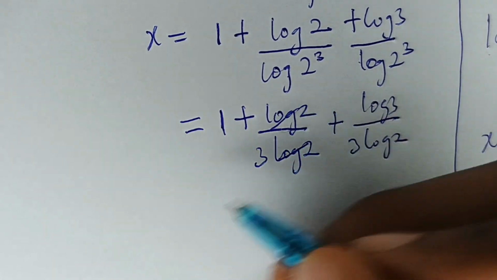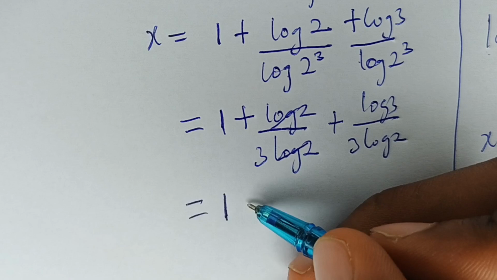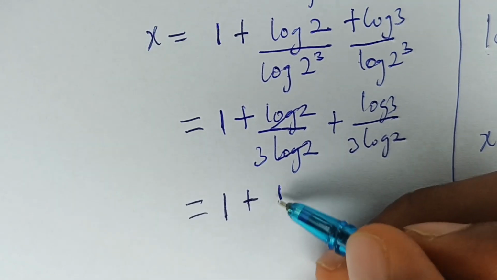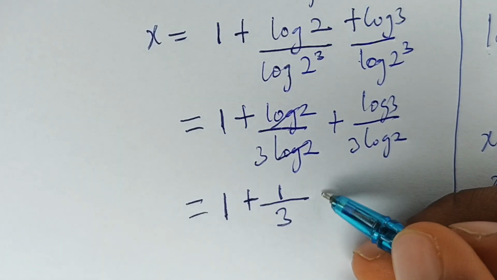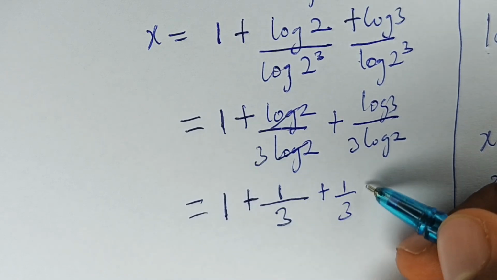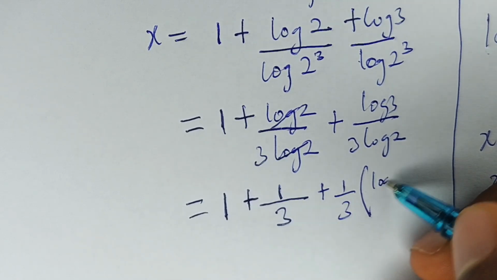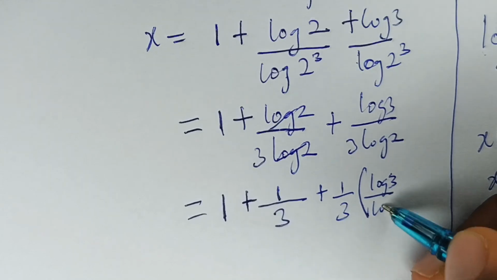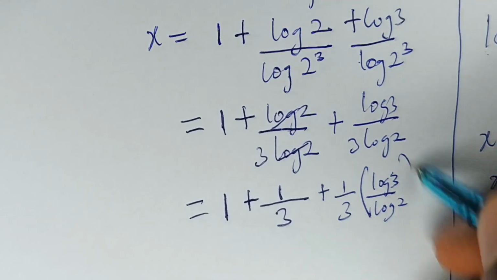So that we are left with this is equal to 1 plus 1 over 3, okay, plus 1 over 3 times log of 3 over log of 2.